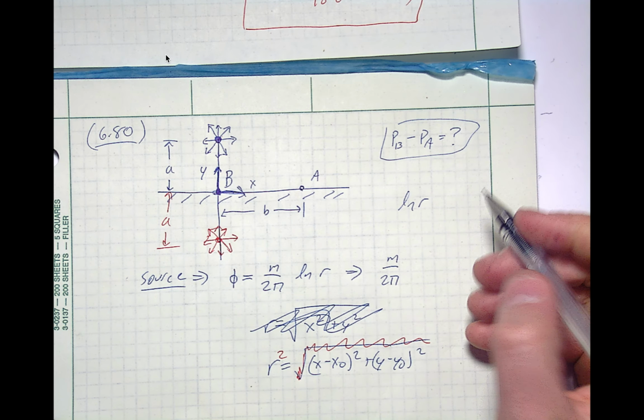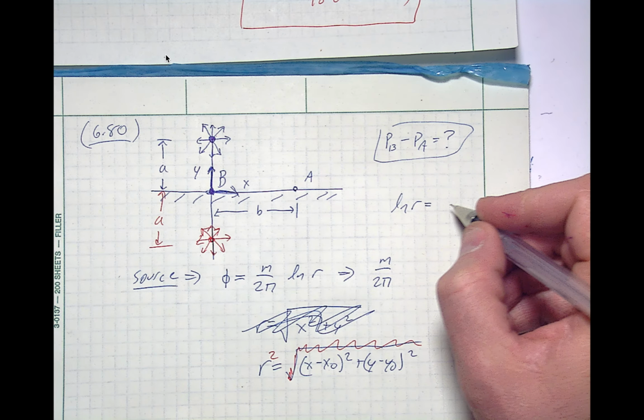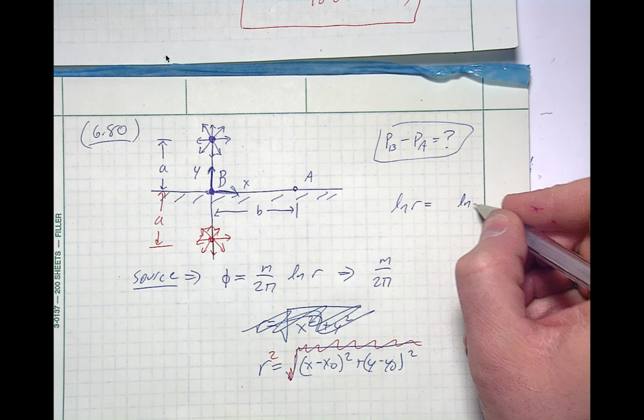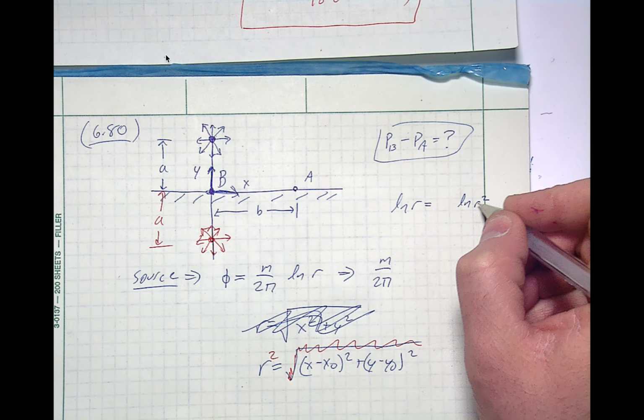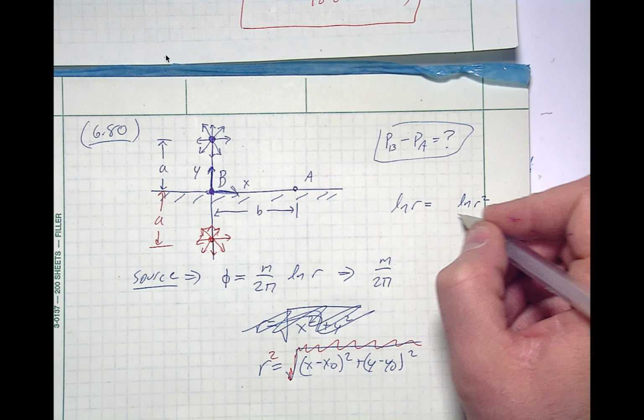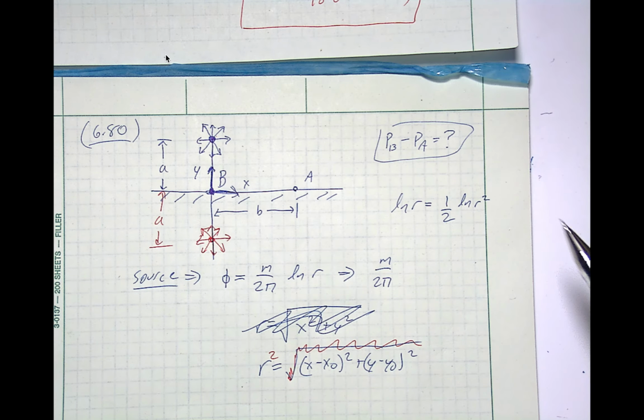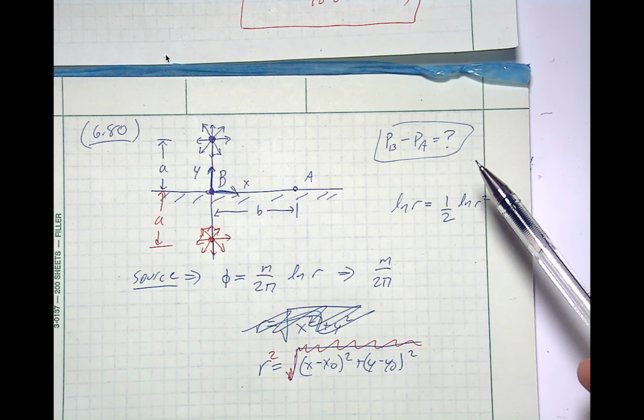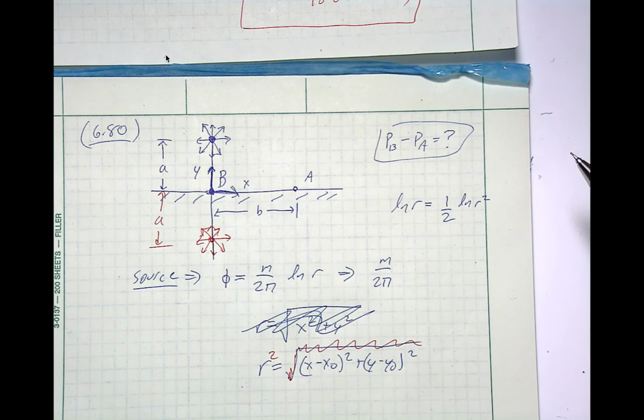So natural log of r, I'm just going to claim here, is the same as natural log of r squared divided by 2. Remember that exponents in a natural log, we just pull the 2 down. Make sense? Okay.